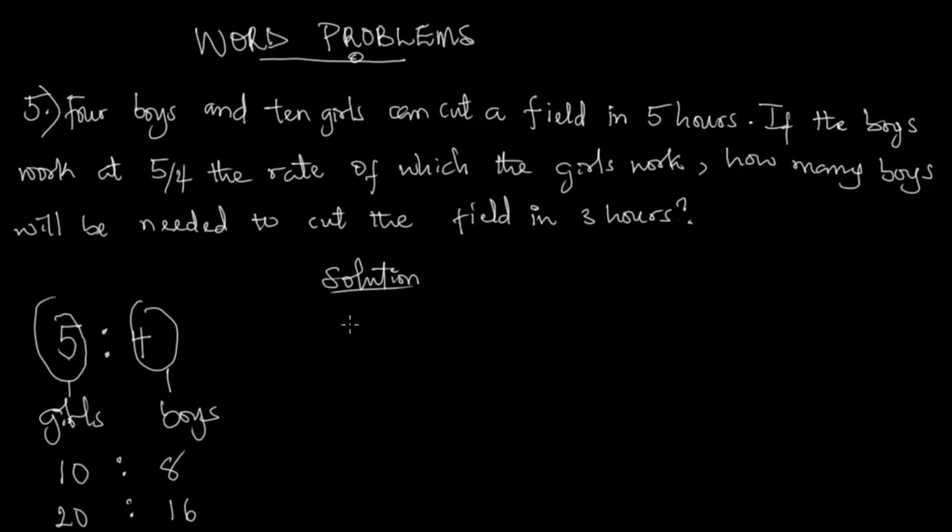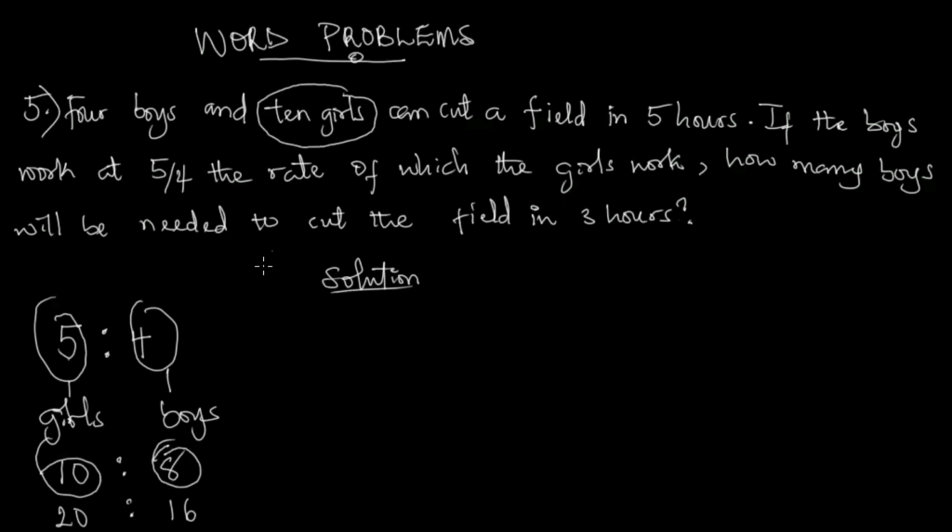So going back to the question, we have 4 boys and 10 girls cutting a field in 5 hours. So if we substitute these girls for boys, we know that 10 girls and 8 boys will work at the same rate.